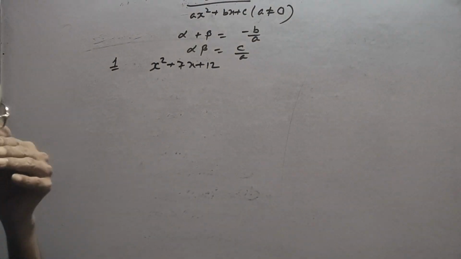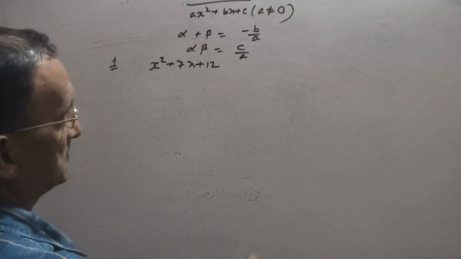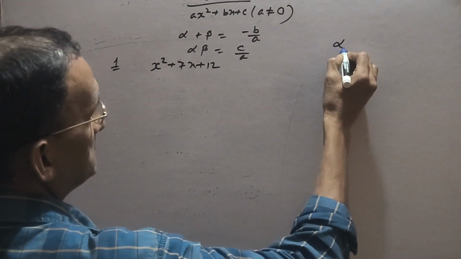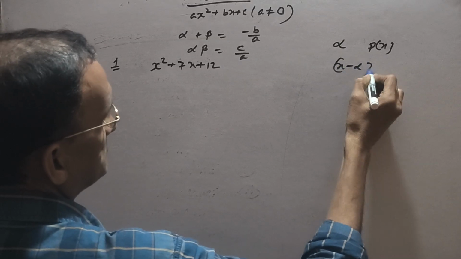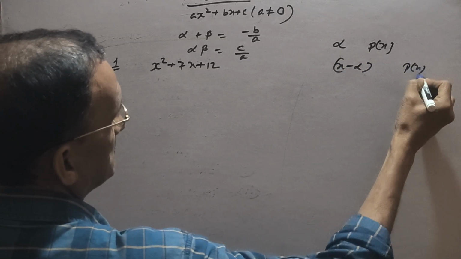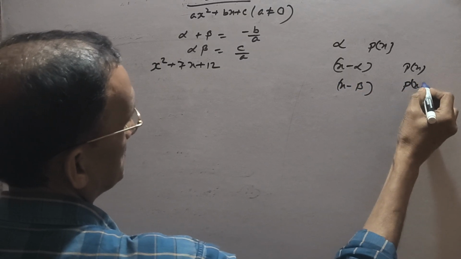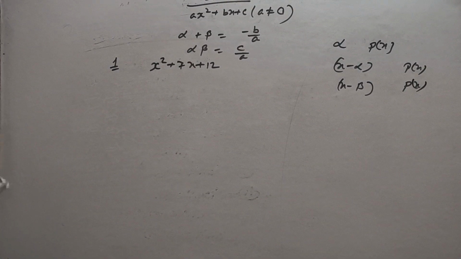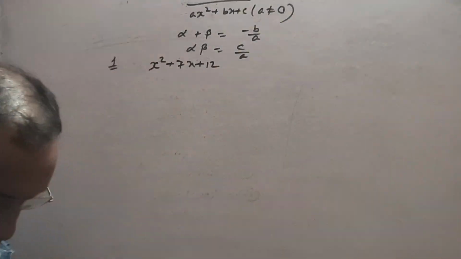Now see here, to find the zeros you need to find the factors, because you know if alpha is a zero of the polynomial p of x, then x minus alpha should be a factor of p of x. Similarly, x minus beta should be a factor of p of x. To find the zeros, first you need to find the factors of the polynomial.